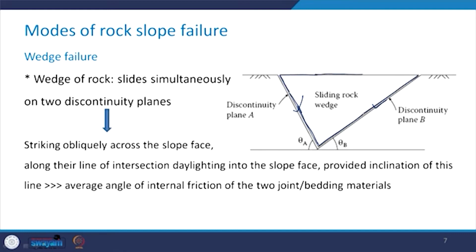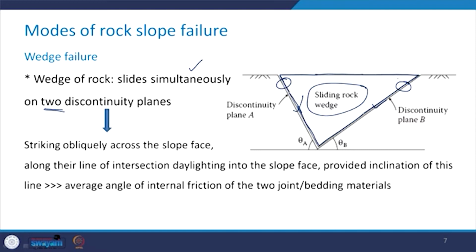And this wedge is going to be the sliding rock wedge. So, this wedge slides simultaneously on 2 discontinuity planes, which have been shown here as plane A and plane B.